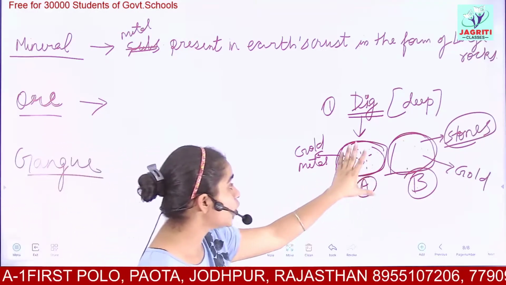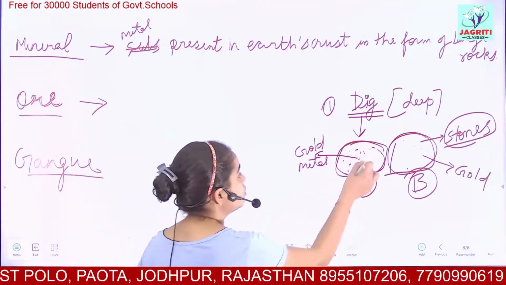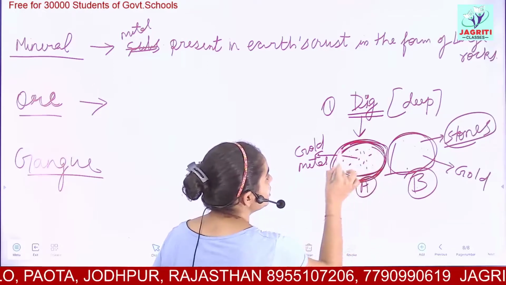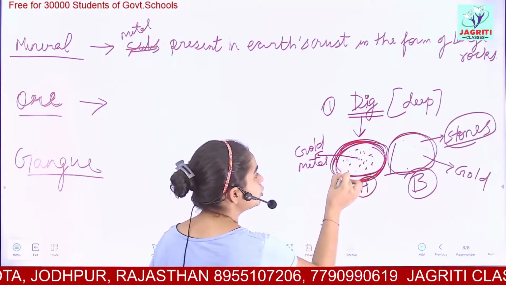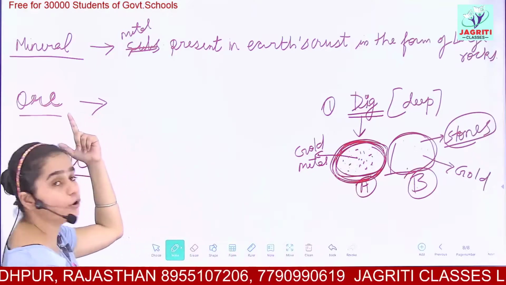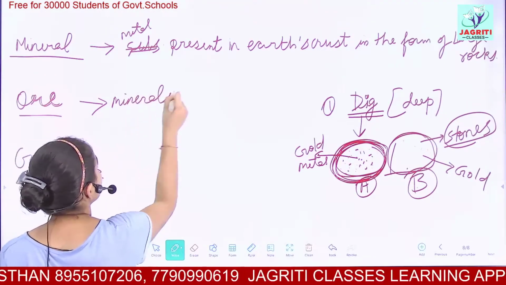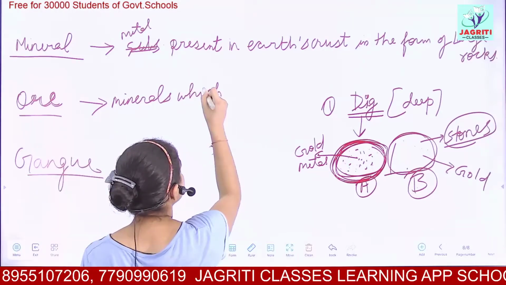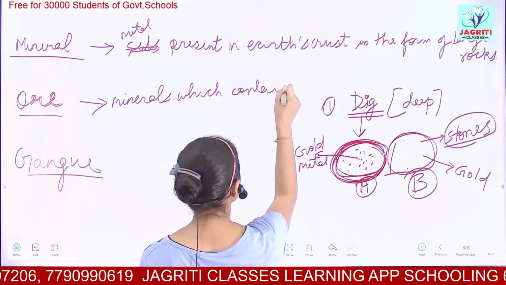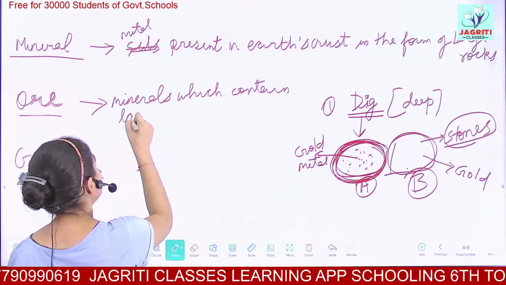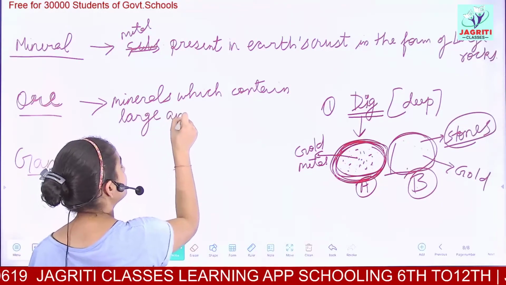So this stone is called mineral. This mineral which has a large amount of gold metal is called ore. So ores are the minerals which contain a large amount of metal.